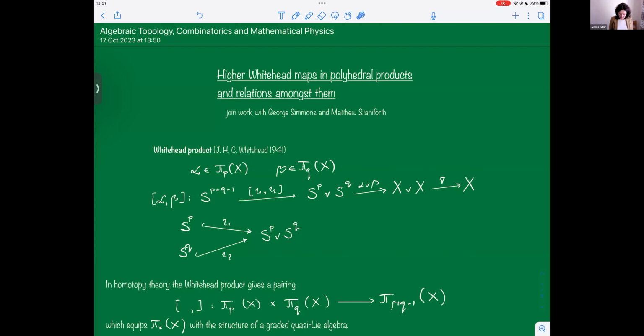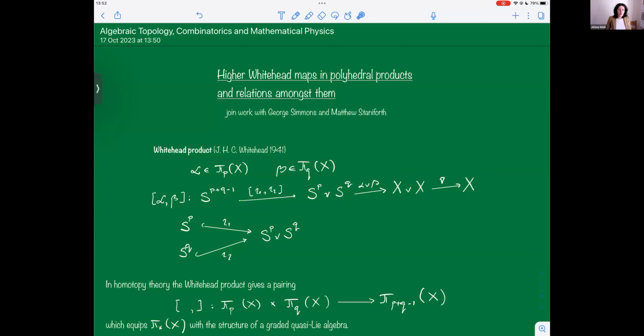If we start with two homotopy classes of maps, alpha and beta, the Whitehead product is defined as the homotopy class of maps from the P plus Q minus 1 dimensional sphere into X, by going through the attaching map for the product of two spheres in dimensions P and Q, followed by the wedge of our two classes alpha and beta, and then folding it down into X.